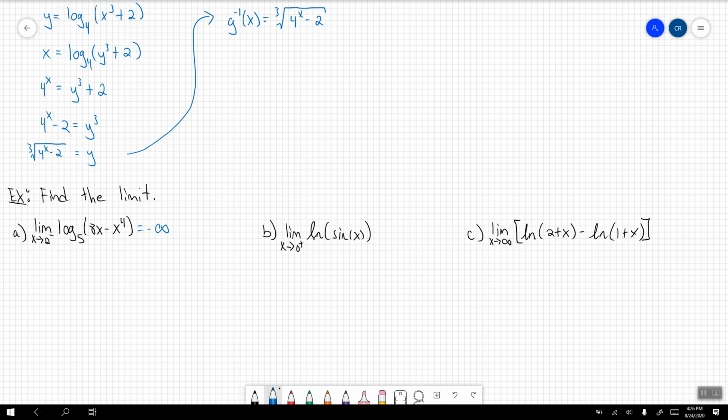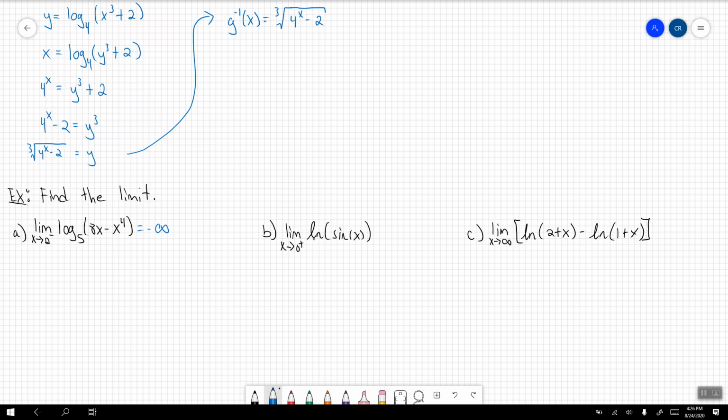As I'm approaching 0 from the right-hand side, sine of x will get us positive values. And these are going to be positive values that are going to be converging towards 0.